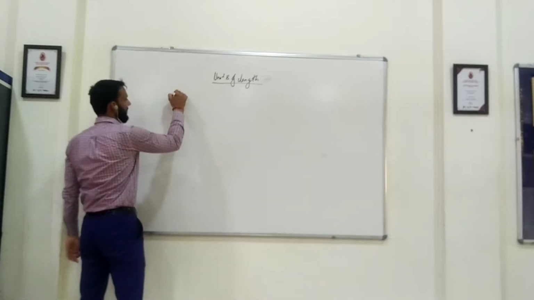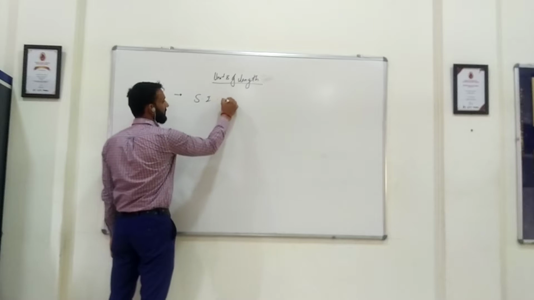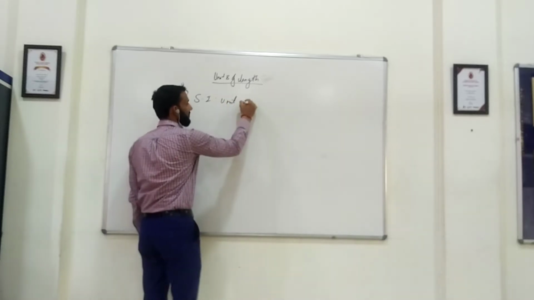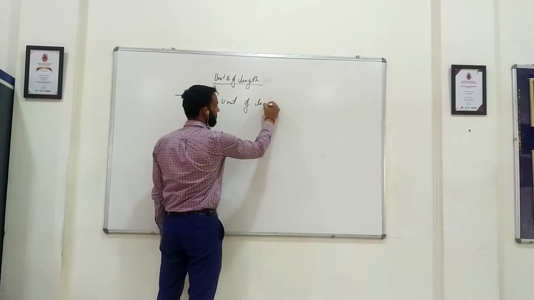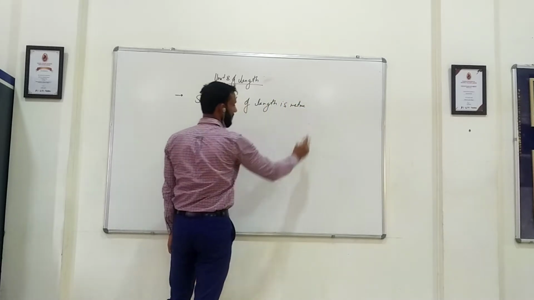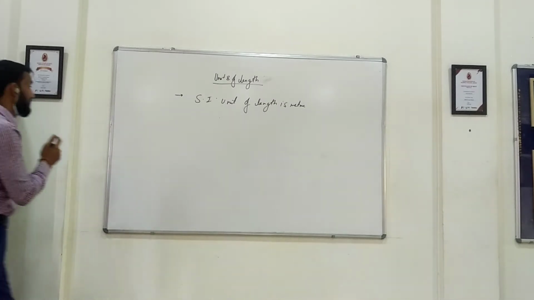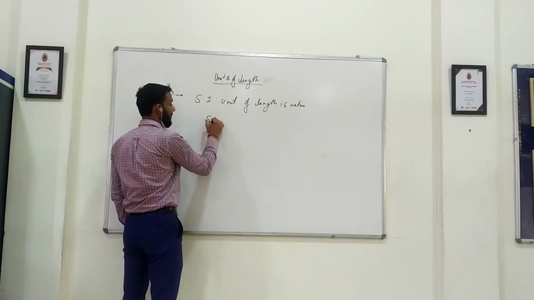So we all know that the SI unit of length is, you can recall and you should be able to understand, that the SI unit of length is meter. Then we begin with the smaller units.